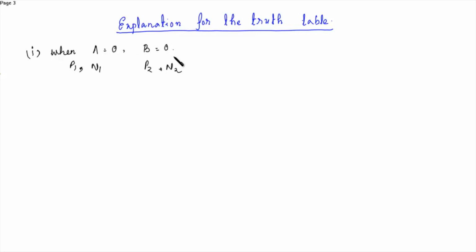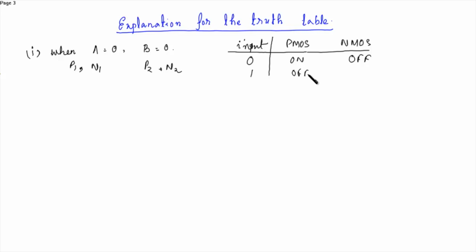So when A is equal to 0 and B is equal to 0, let's see the condition of PMOS and the condition of NMOS. When input is 0, PMOS is on, NMOS is off. When input is 1, PMOS is off and NMOS is on.